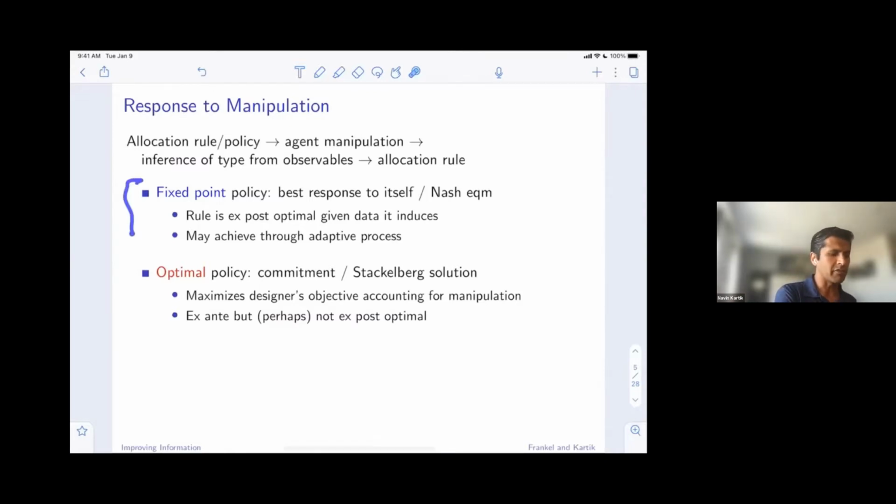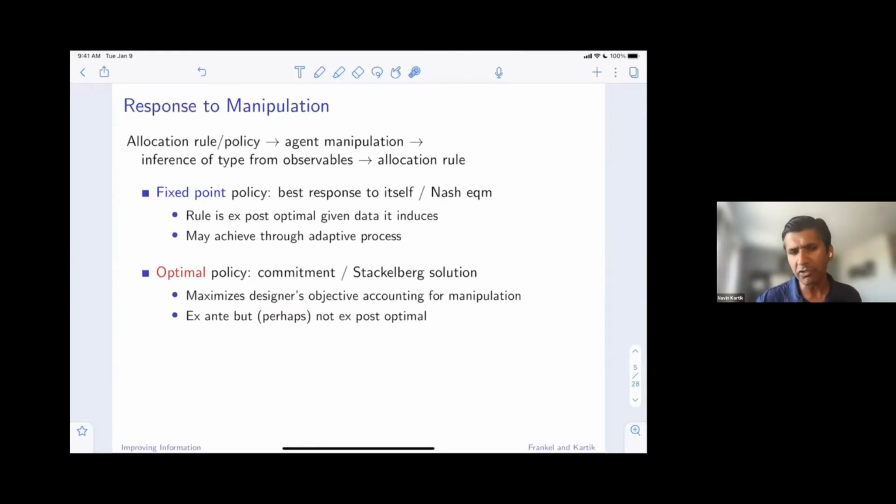One of them is a fixed point policy. So this is going to be an allocation rule that in a certain sense is a best response to itself, right, or a Nash equilibrium. And the crucial point about a fixed point policy is that the rule is going to be optimal in an ex post sense, in the sense that it's going to be optimal given the data that the rule induces from the agent, okay?